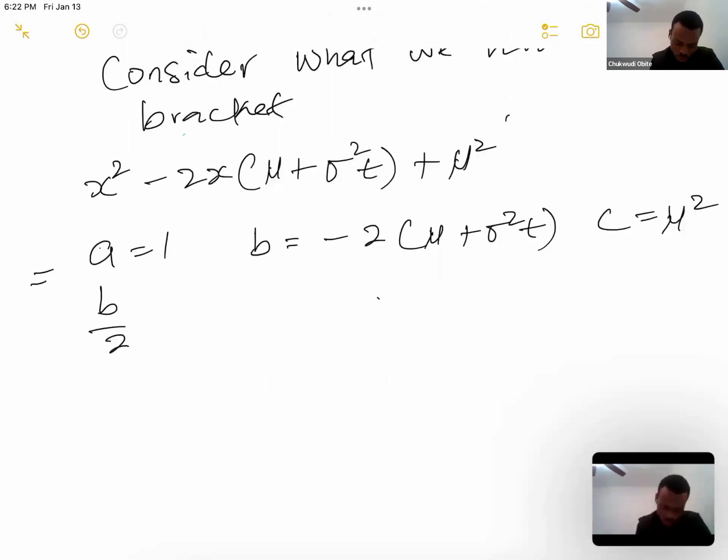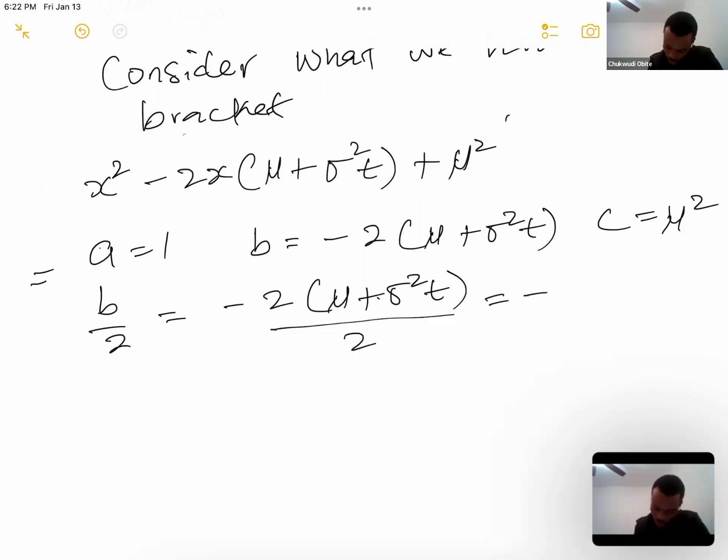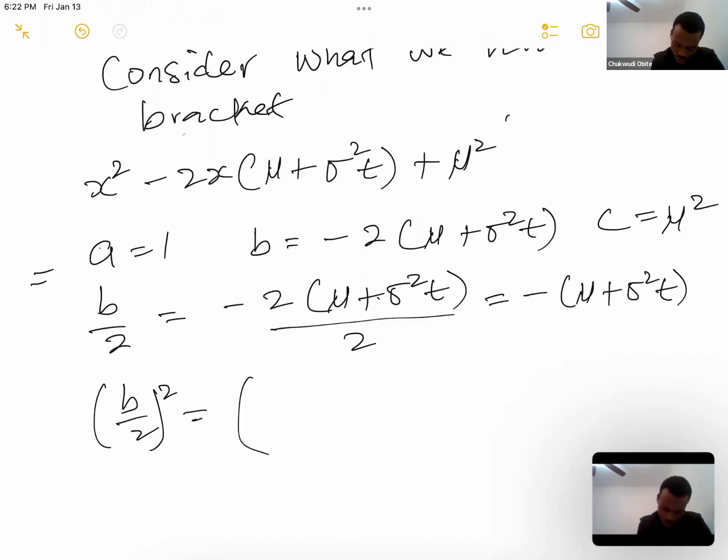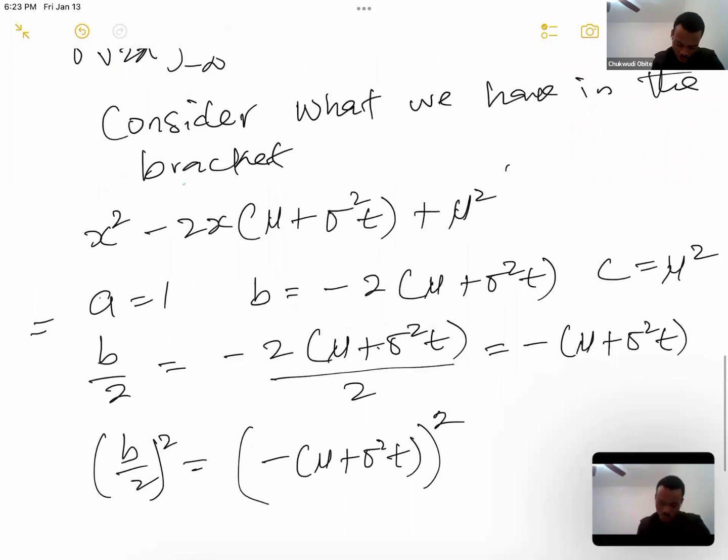Completing the square method, you divide b by 2. So I'll divide minus 2 mu plus sigma squared t all divided by 2, which will give me minus mu plus sigma squared t. Then the next step, you take b over 2 squared, which is minus mu plus sigma squared t all raised to power 2. Then I will substitute back to my equation.